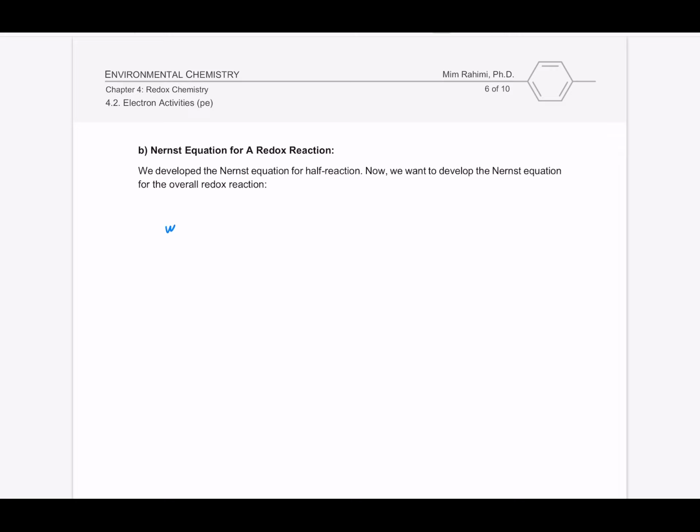What we showed so far at standard condition, we have PE0 of reaction equal to PE0 of oxidation minus PE0 of reduction. So that's what we showed in the previous case.